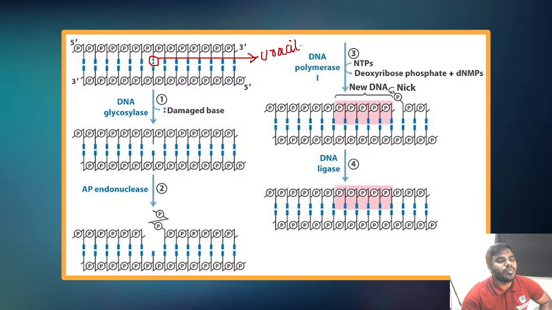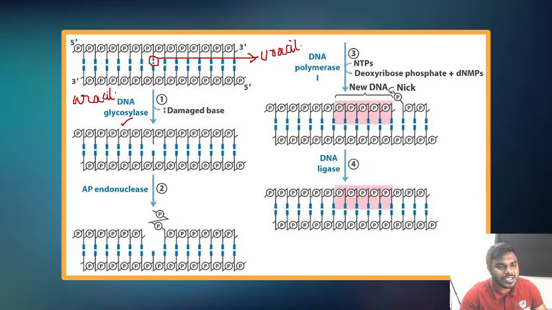If I want to remove this particular base, first of all, what bond do I have to cleave? I have to cleave the glycosidic bond. So friends, since uracil is introduced, which kind of enzyme comes into the picture? Uracil DNA glycosylase comes into the picture. Very simple point. Now this uracil DNA glycosylase enzyme cuts the uracil.